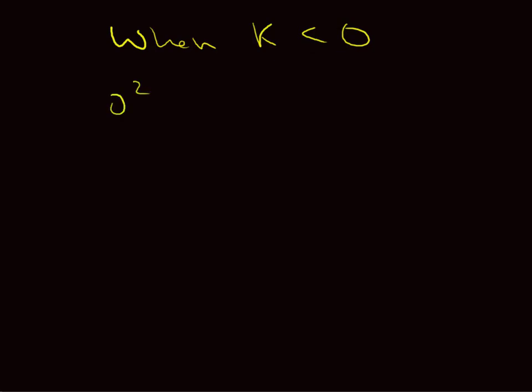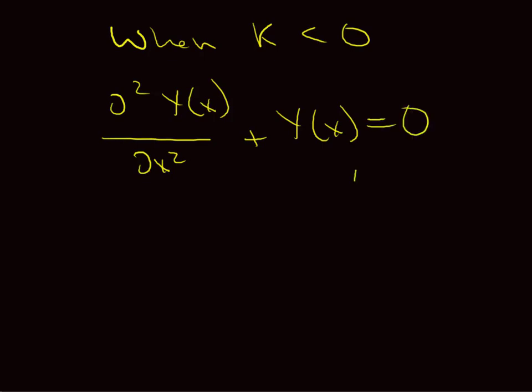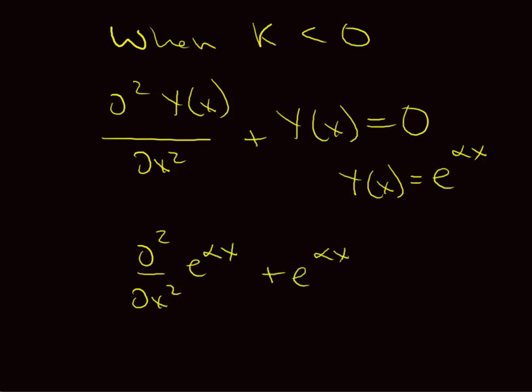So, when k has negative values, we're going to start off with our function with respect to space plus y of x equals 0. And you know that y of x in this respect is equal to e to the alpha x. And we're going to substitute that into our equation to yield the partial second derivative with respect to space, e to the alpha x plus e to the alpha x equals 0.